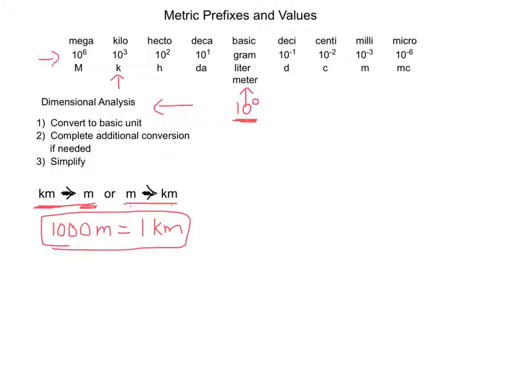So let's take a look at another example. Okay, so let's suppose that I want to convert from centigrams to grams or grams to centigrams. Again, it doesn't matter which one of these two conversions I'm going to want to make. What I want to take a look at is the relationship between these two quantities. So if I'm looking at a centigram, notice that a centigram is right here.